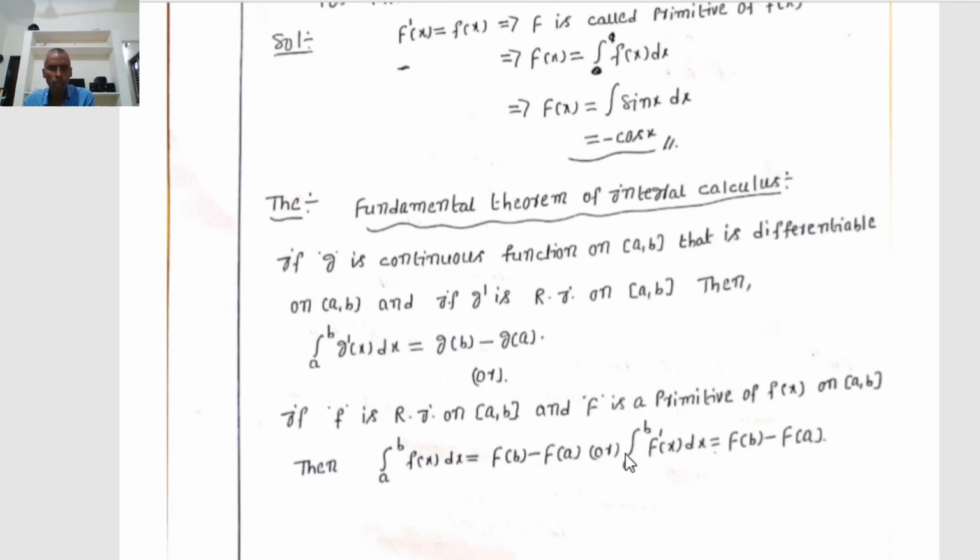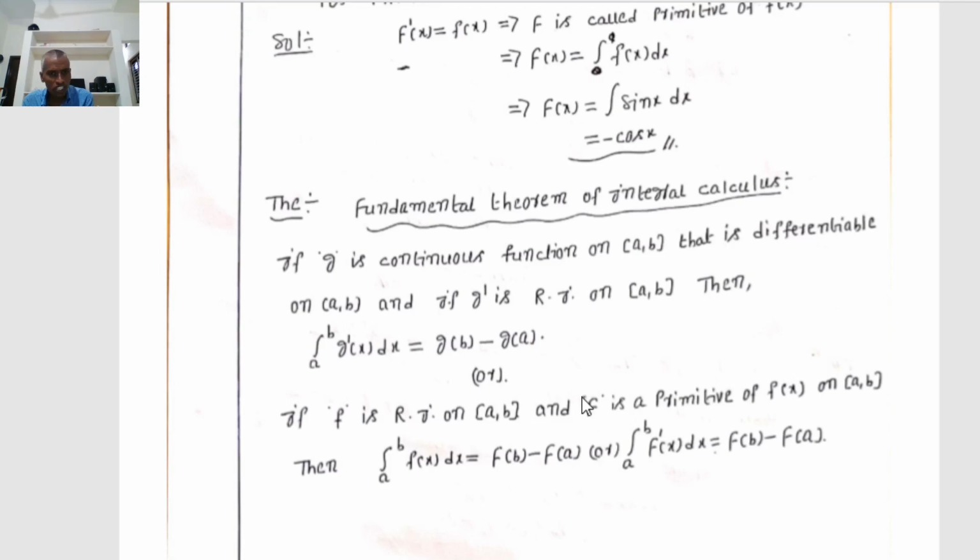Both are equal. Suppose we consider capital F equal to small g, that is, if f is Riemann integrable on the closed interval [a, b] and g is a primitive of f(x) on [a, b], then the integration from a to b of f(x) dx equals g(b) minus g(a).